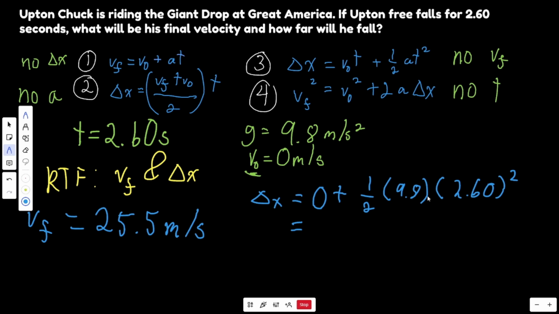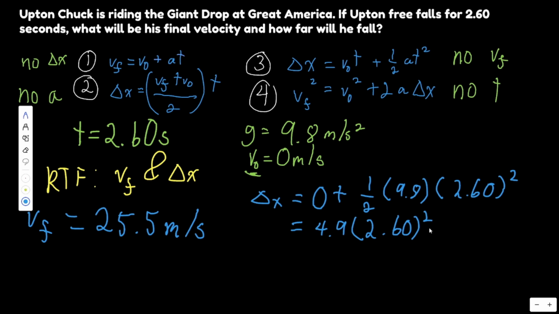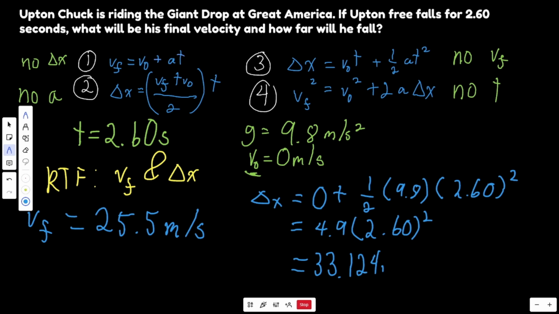We can simplify this further. 9.8 divided by 2 is actually 4.9 times 2.60 squared. So now let's try doing that. 4.9 times 2.60 squared is actually equal to 33.124, and the unit is meters.